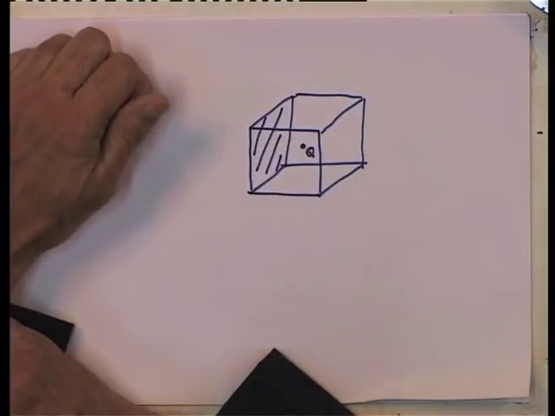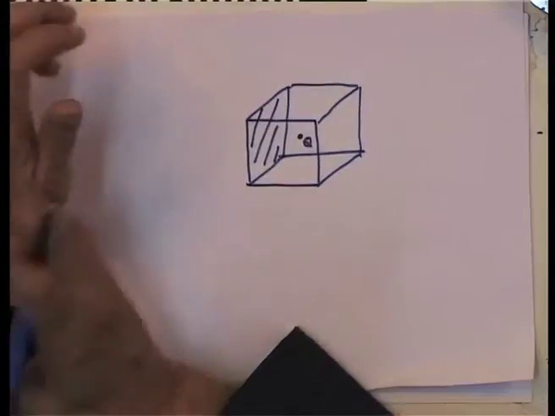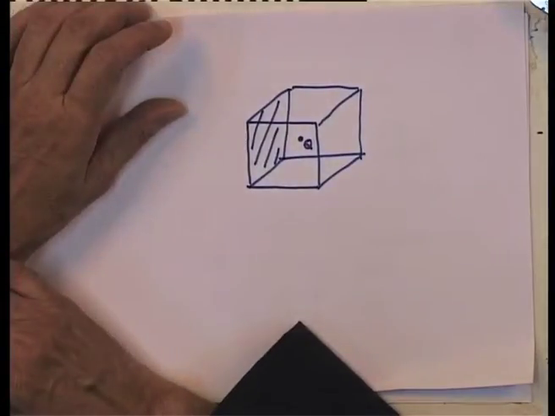First, you invoke symmetry. There is no reason why, since the charge q is at the center, one side of the cube should be different from any other side. So, whatever is the flux through all the 6 surfaces of the cube should be divided equally by each surface.